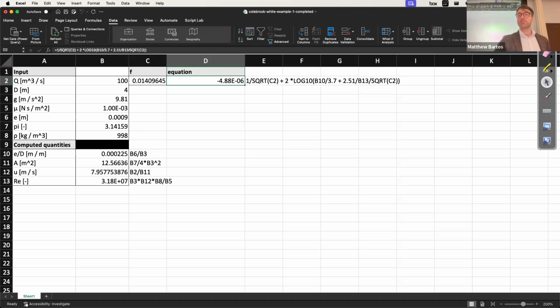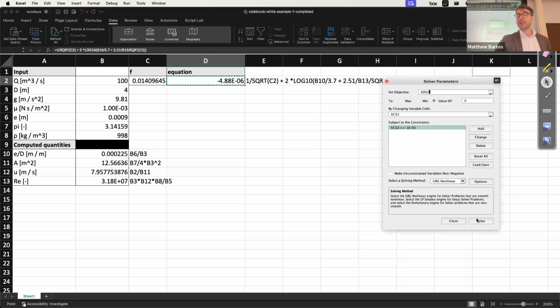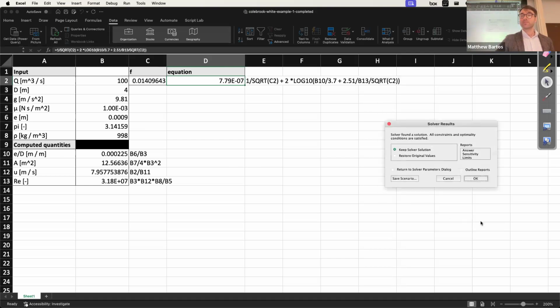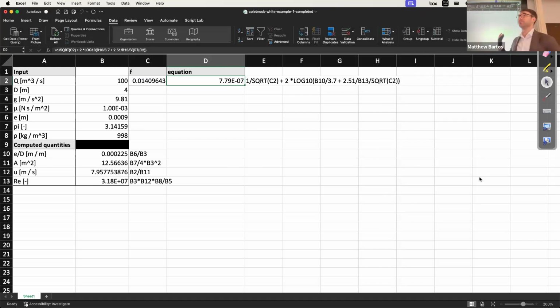If we want to, we can run the solver again, and the value of our objective function should go even lower. See, our objective function went even lower, and our value for the friction factor got closer to the true value. We can continue running it until it stops improving if we want more accuracy.